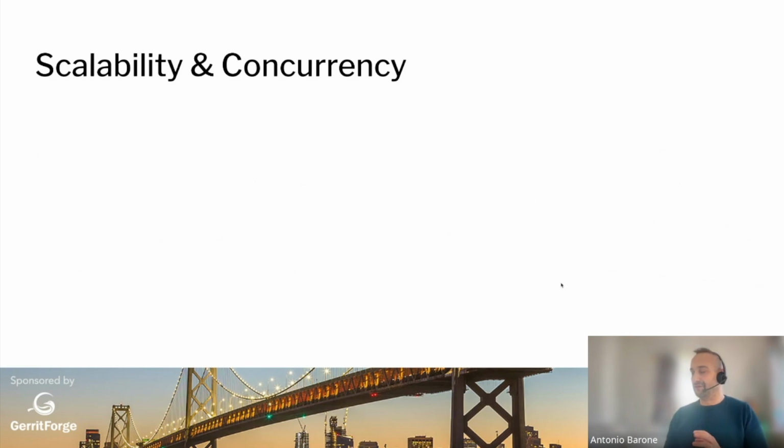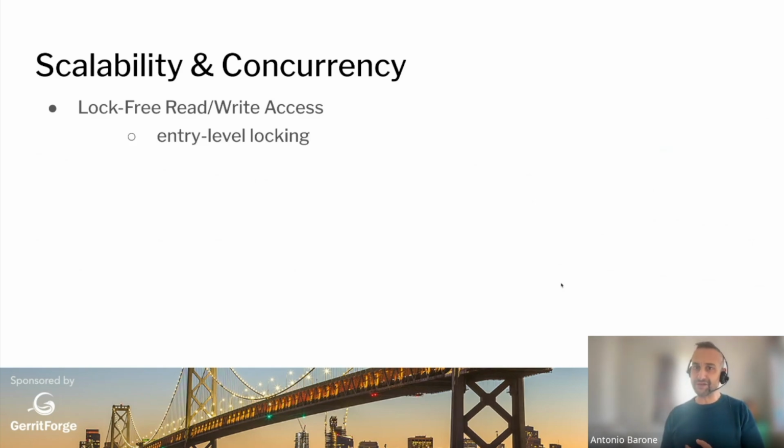And if you recall, one of the pillars and one of the bold promises that Chronicle Map made was really, really high concurrency. How is this achieved? Well, by what they call lock-free read-write access. So unlike concurrent hash maps, which use synchronization and compare-and-swap operations and so forth, Chronicle Map takes a different approach.